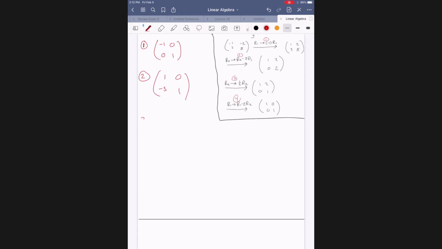Now let's take a look at 3. You scaled the second row by 1/2. So leave the first row alone, and you put 1/2 down there. And then 4, you took the first row, subtracted 2 times the second, and left that one alone. So now these are going to be my E1, E2, E3, and E4, right?